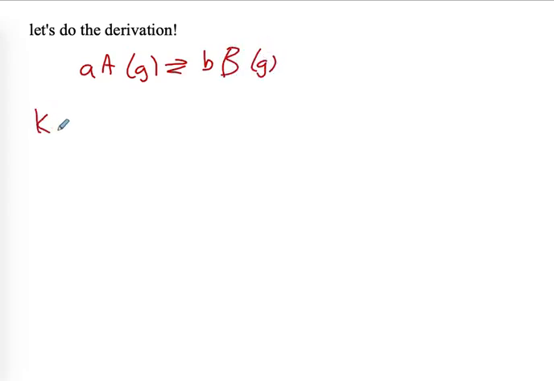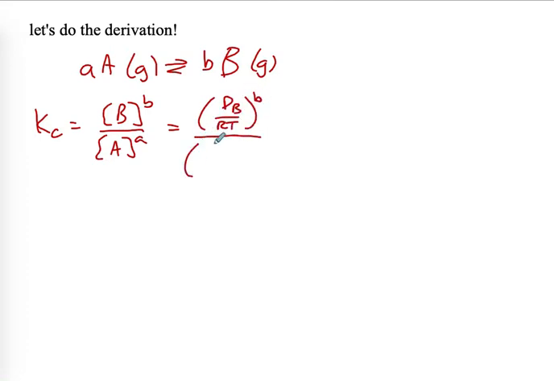I can write my Kc expression as the concentration of B to the b power divided by the concentration of A to the a power. I will substitute in place of concentration partial pressure over RT. So this gives the partial pressure of B over RT to the b power divided by the partial pressure of A over RT to the a power. Okay?